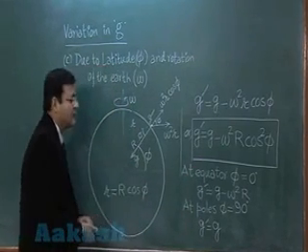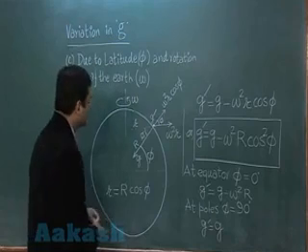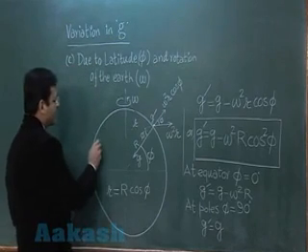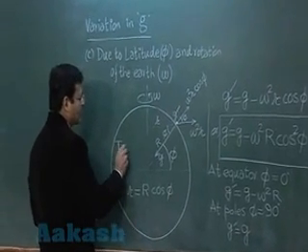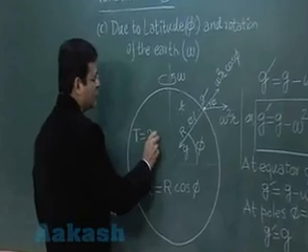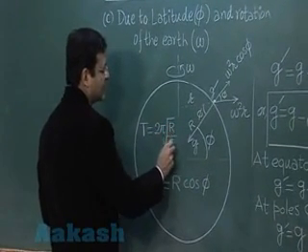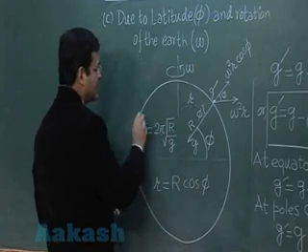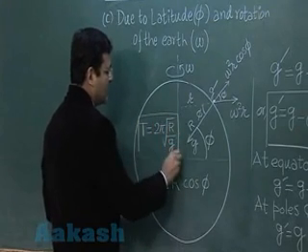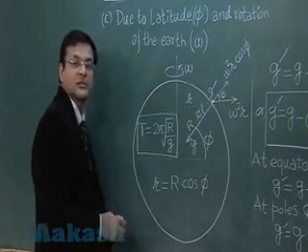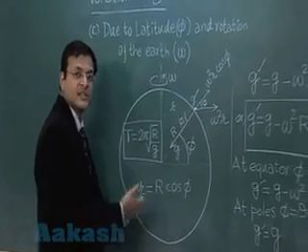Just for the sake of remembering a data, you should understand that the time period becomes 2 pi under root R by g, where R is the radius of the earth. If you calculate the value of this, it is approximately 84.6 minutes.